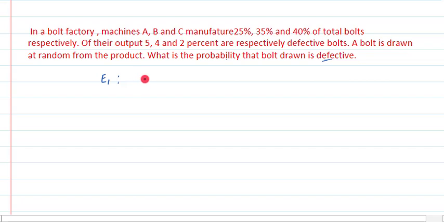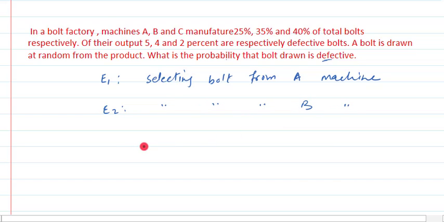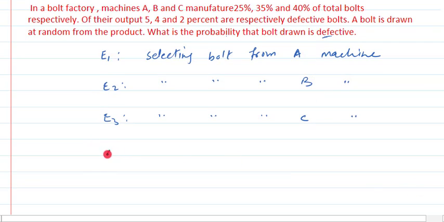E1 is the event of selecting a bolt from A machine, E2 is the event of selecting a bolt from B machine, E3 is the event of selecting a bolt from C machine, and A is the event of selecting a defective bolt.